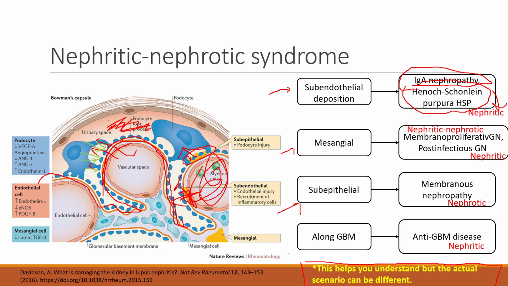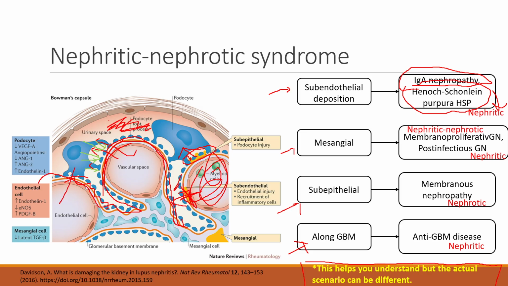And the last one is the most simple one. I didn't even memorize it before I understood this theory. There's a deposit along the glomerular basement membrane, causing anti-glomerular basement membrane disease. And this one is a nephritic disease.